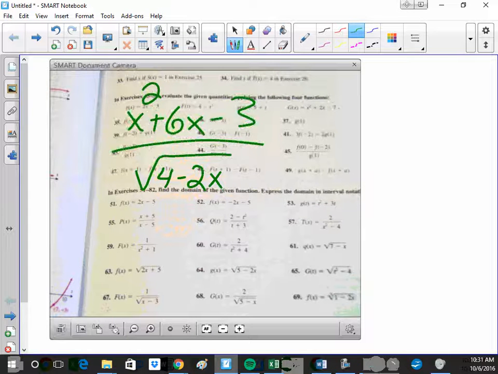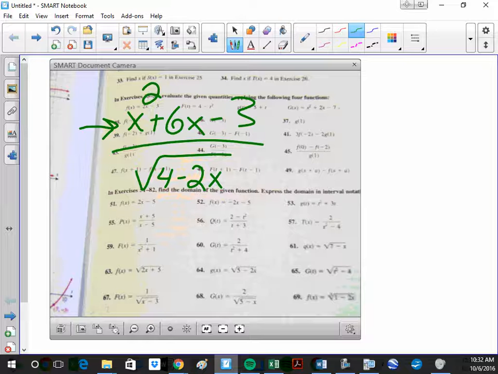What if the numerator equals 0? Is that okay? Yeah, 0 is a real number, and 0 divided by anything other than 0 is also a real number. It's 0. The only time you need to worry about the numerator is if there's a square root in it, because then you just need to make sure that the square root is non-negative.